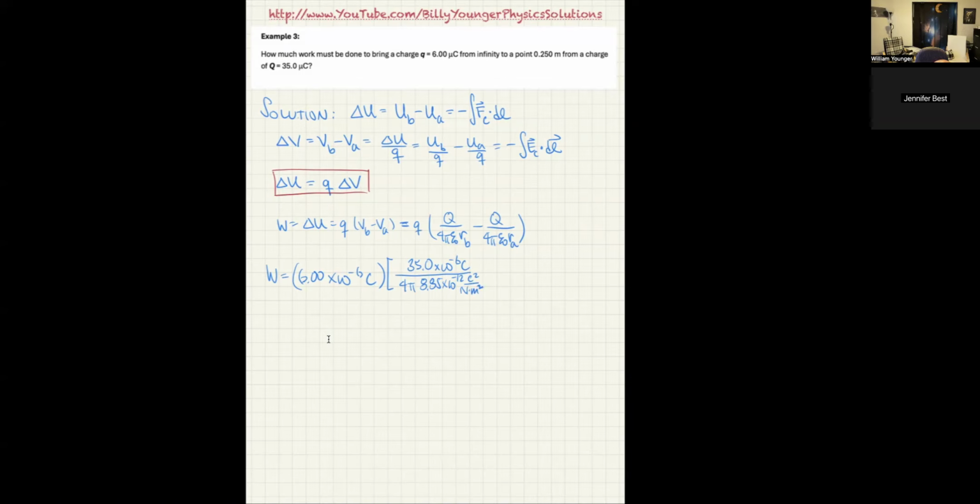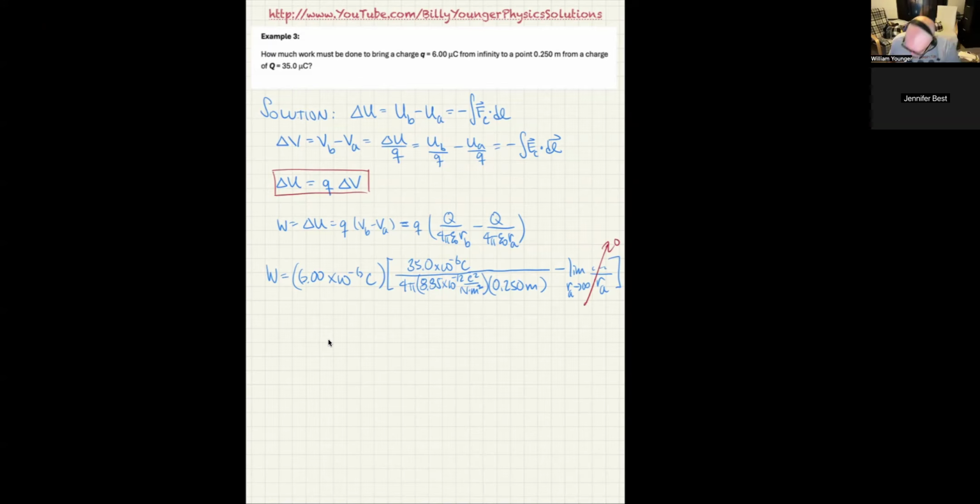You can express that in terms of volts as well, but we're bringing that into a distance of 0.250 meters. That's the first fraction. The other fraction is minus the limit as r sub a approaches infinity of dot dot dot over r sub a. So this last part just goes to zero. I'm just not taking the time to show you all the details.